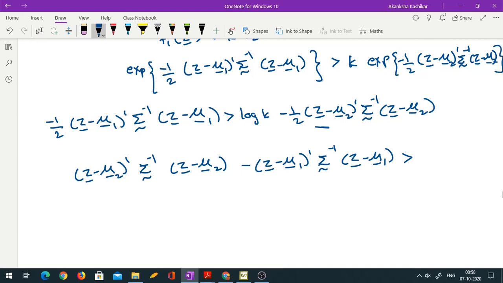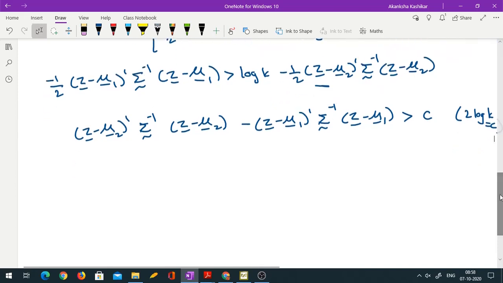I can take it common and shift it to this side, so 2 log K. Let me call 2 log K as C. So if this difference is greater than C, then we do something.